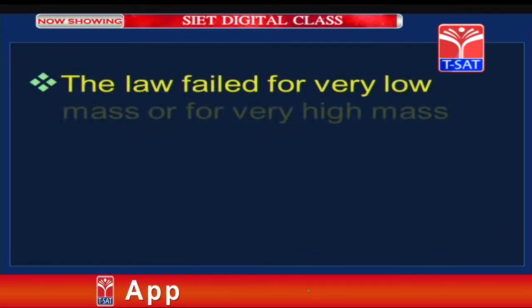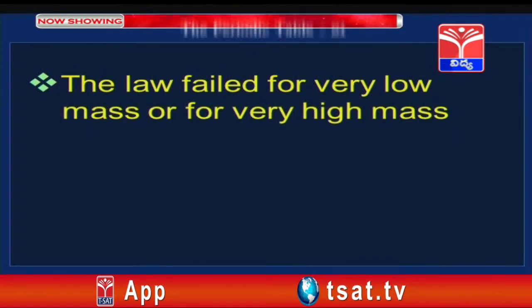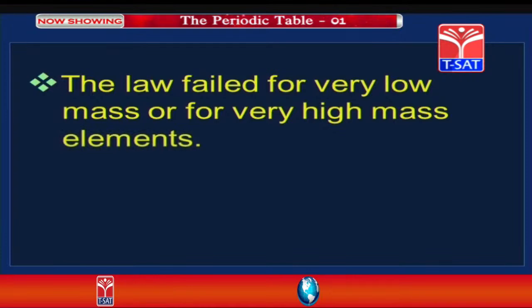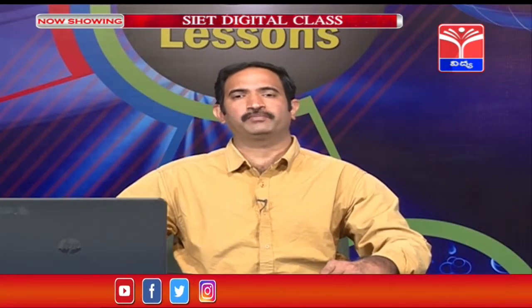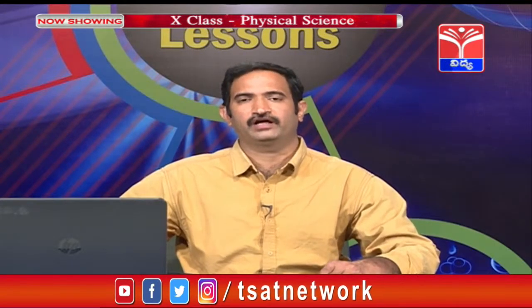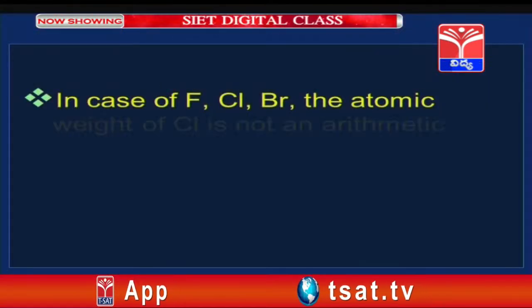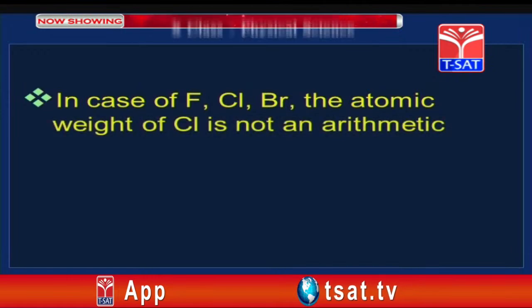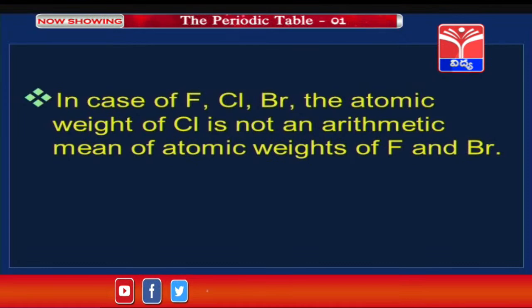Now, the law fails for very low mass or very high mass elements. That means this law is not applicable for the elements having higher atomic weight and also lower atomic weight. In the case of fluorine, chlorine, bromine, the atomic weight of chlorine is not an arithmetic mean of the atomic weights of fluorine and bromine.